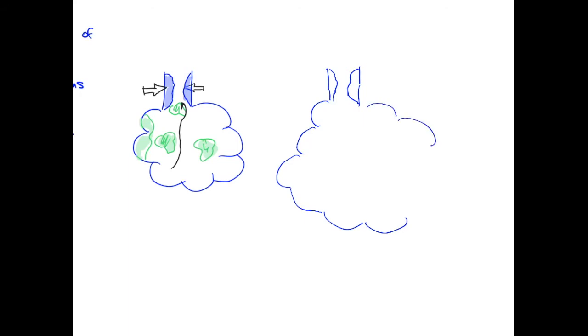So we have air filling our alveoli, but during expiration, we have that mucus and the increase in pressure on the bronchioles, and as a result, the air cannot make its way out on expiration.